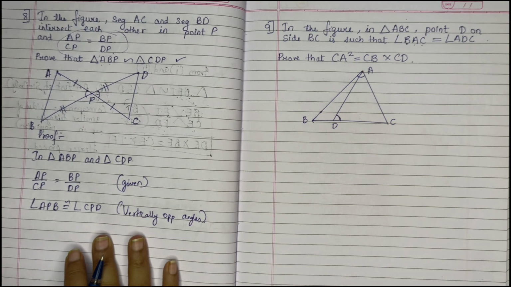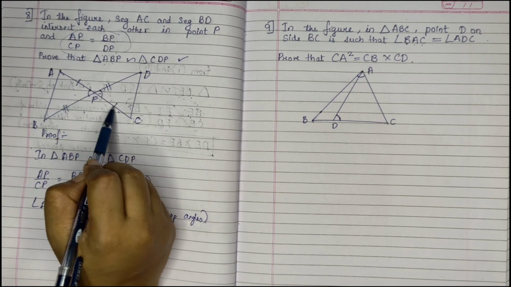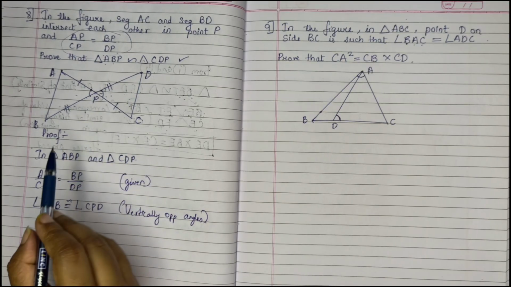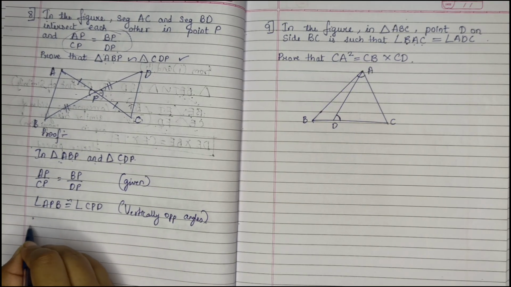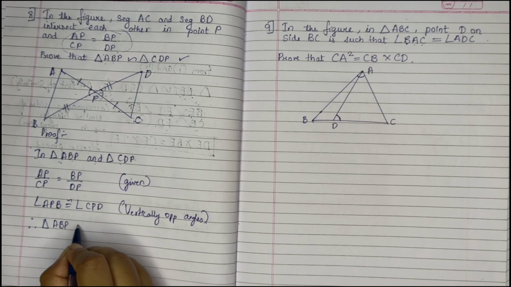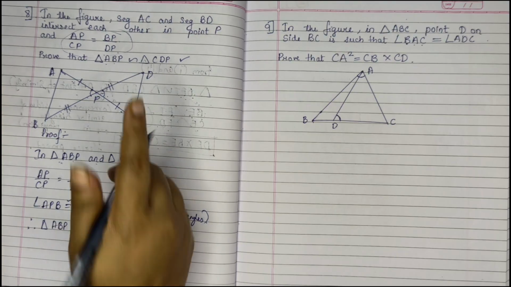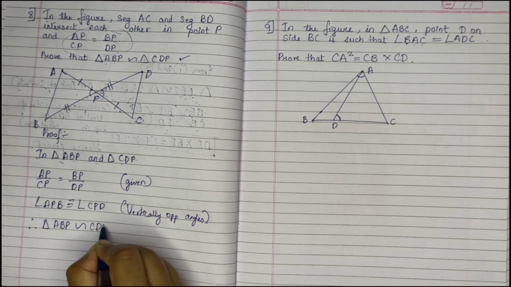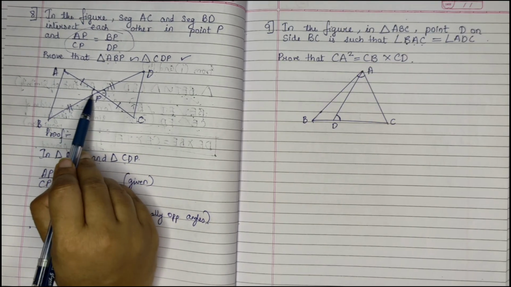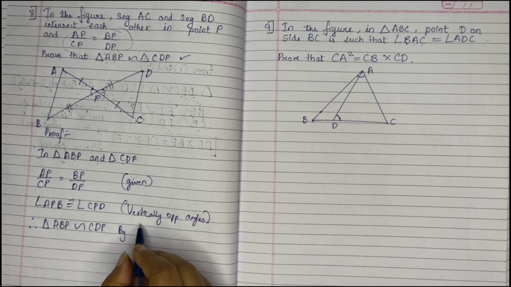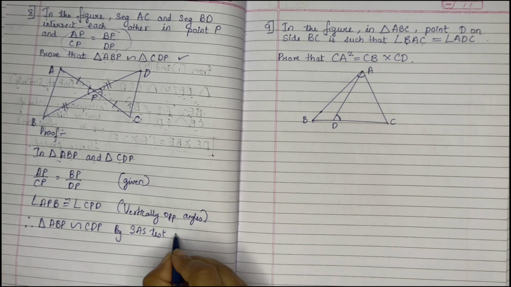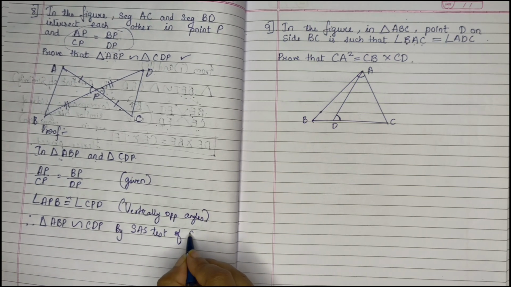Okay, so therefore see here, these two sides are in proportion, and this angle we got by vertically opposite angles. So therefore triangle ABP, this is what we had to prove, is similar to triangle CDP by SAS test of similarity.